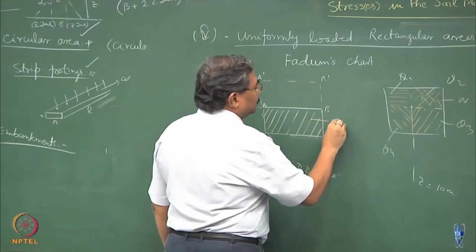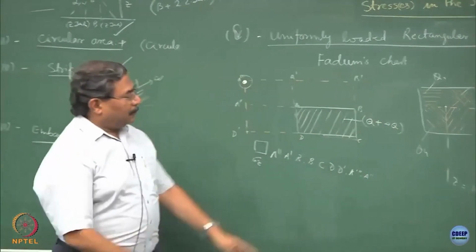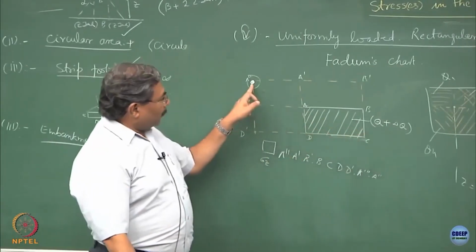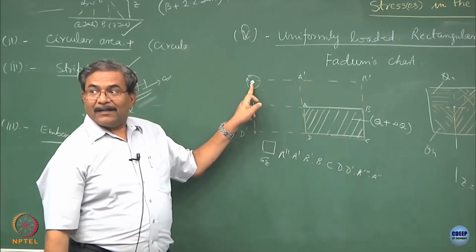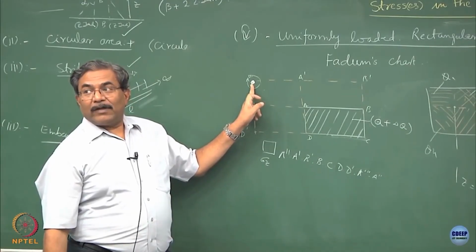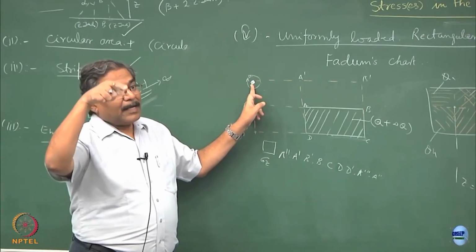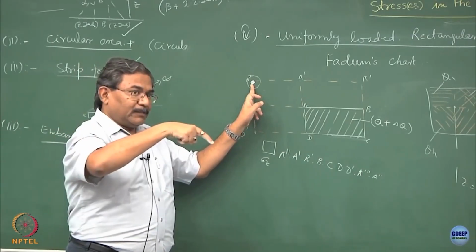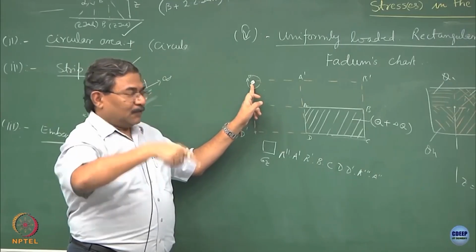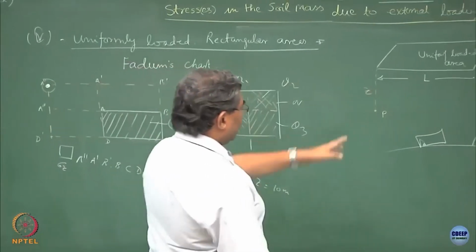So, this Q has become Q plus delta Q, and because of this, the state of stress at this point is changing. We have computed sigma total, sigma prime, and pore pressures. So, all this is going to create a detrimental effect. Okay, so this is one example problem.